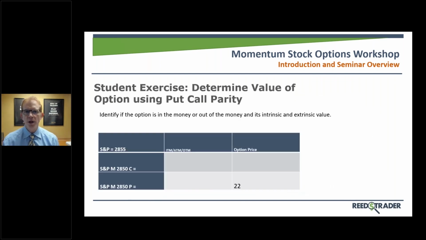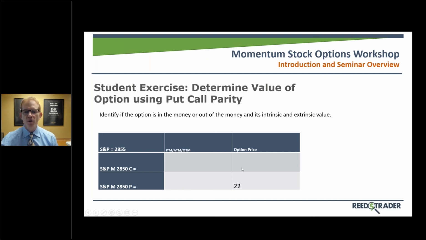So let's go through a couple exercises quickly to determine the value of an option using put-call parity. Here we're looking at the S&P future. Basically, is the 2850 call in the money or out of the money? Is the 2850 put in the money or out of the money?